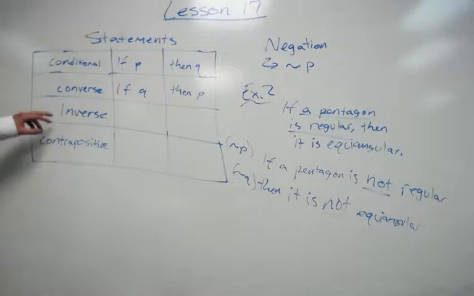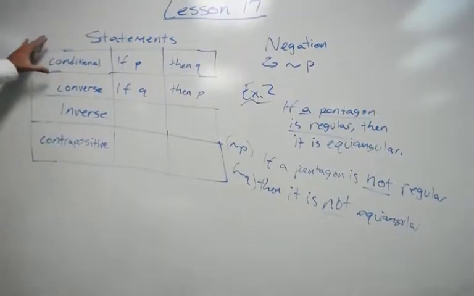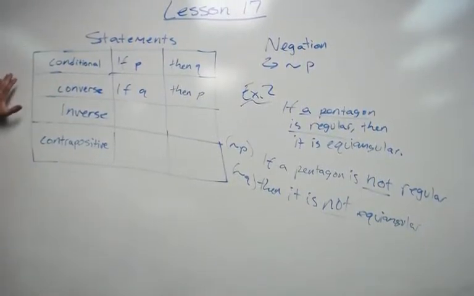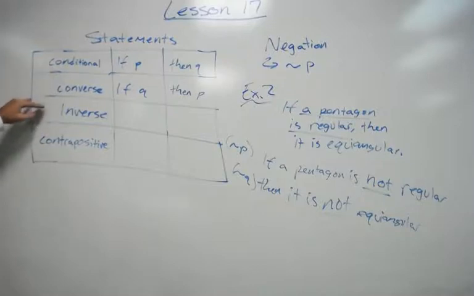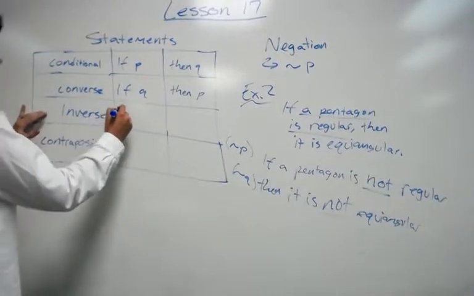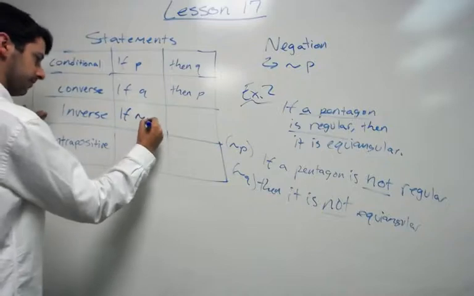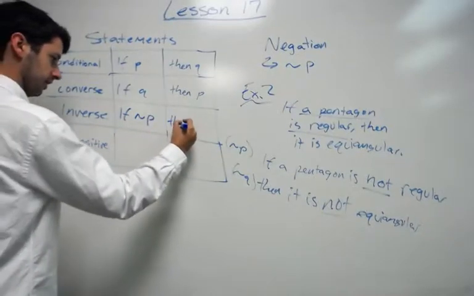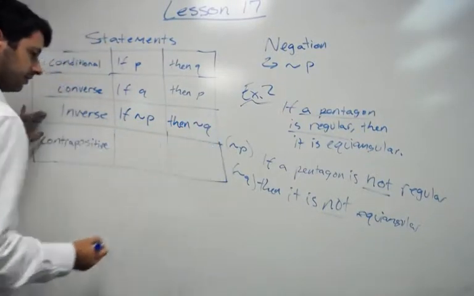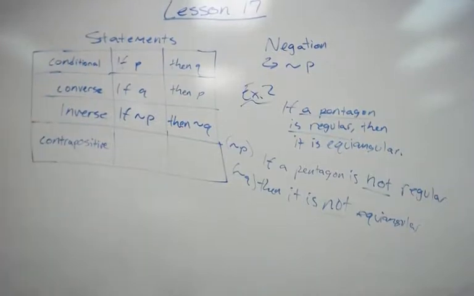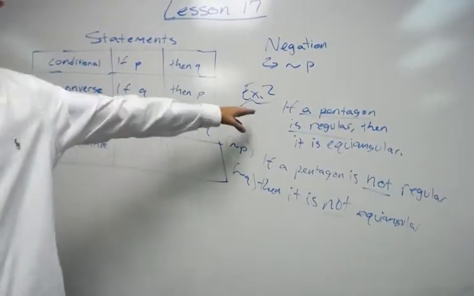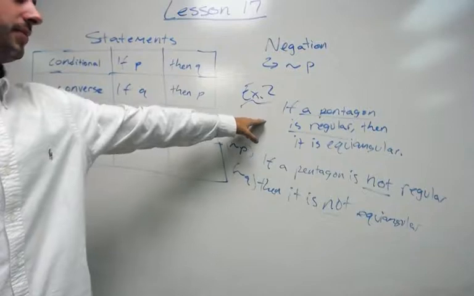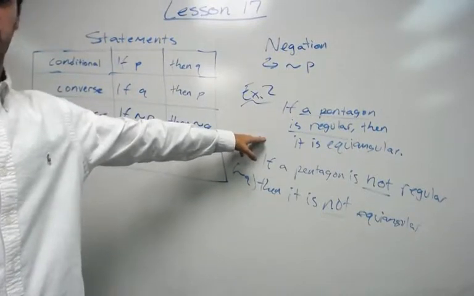We have two more statements that we can make using the negation sign. One is the inverse. It all roots back to the conditional: if you have a conditional, if P then Q, the inverse is if not P, then not Q. So this is the conditional statement: if a pentagon is regular, then it is equiangular.